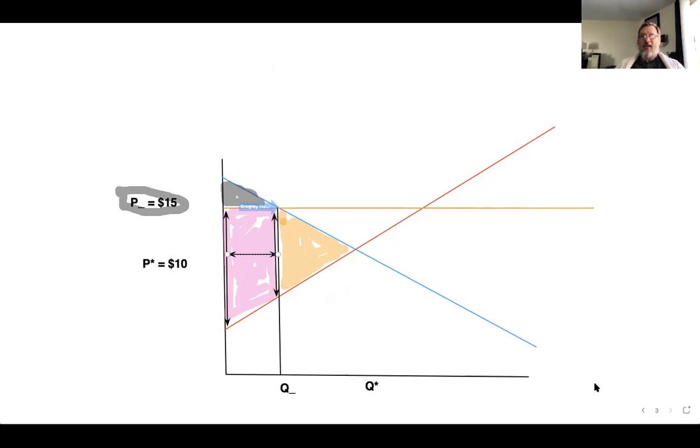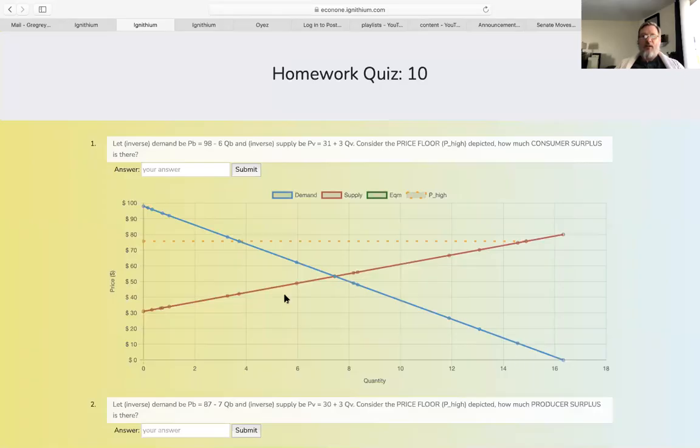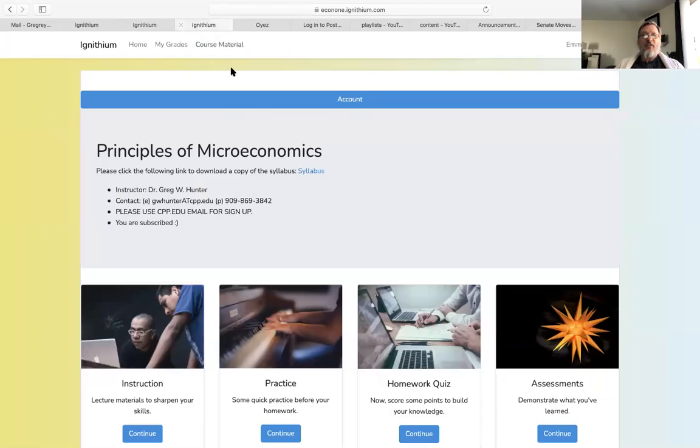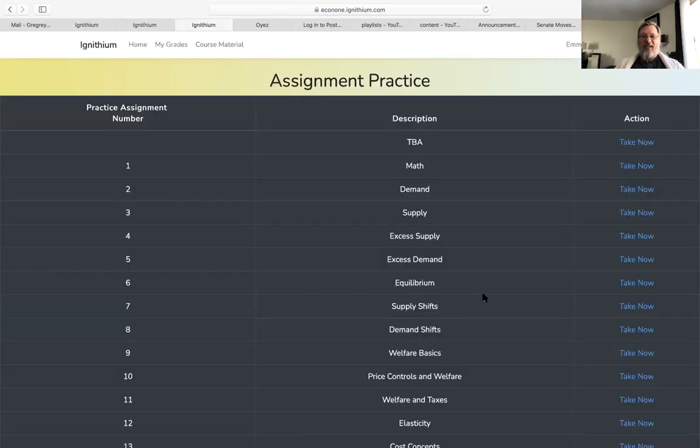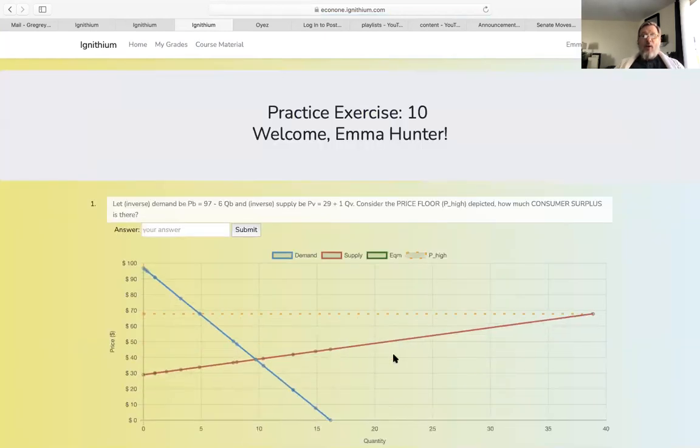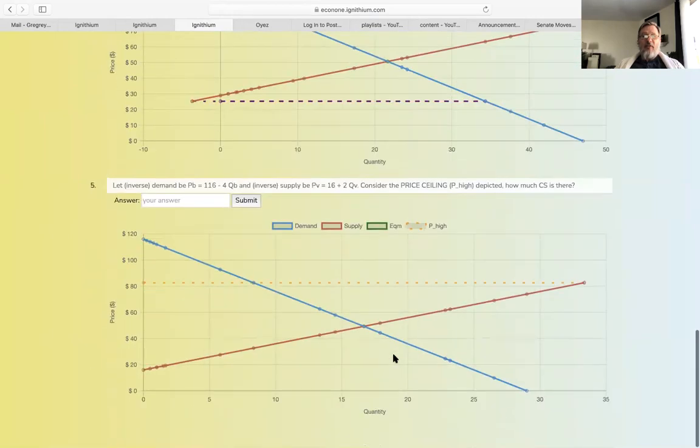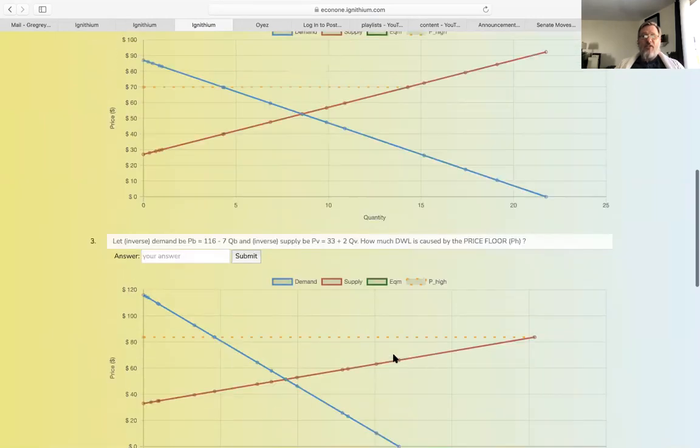Okay, so now let's go back to the homework. So here, this question number 1, well, okay, I want to do something else really quickly. That's the quiz. I want to point out this is the practice. Notice on the practice, there are practice problems, but there are only 5 of them, and we have 10 quiz questions.